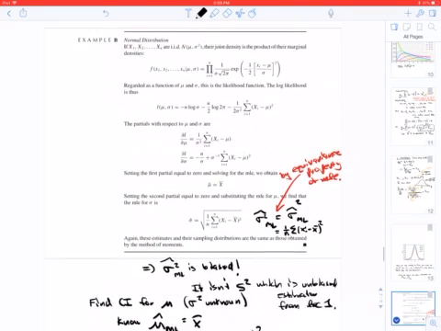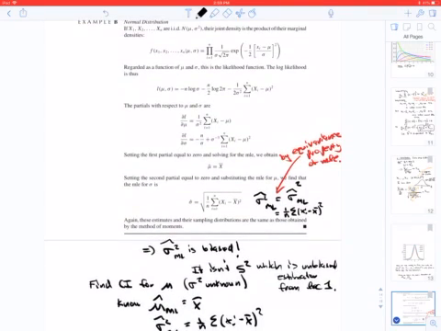Just a note here that the book calculates the estimator for sigma, but we want the estimator for sigma squared.